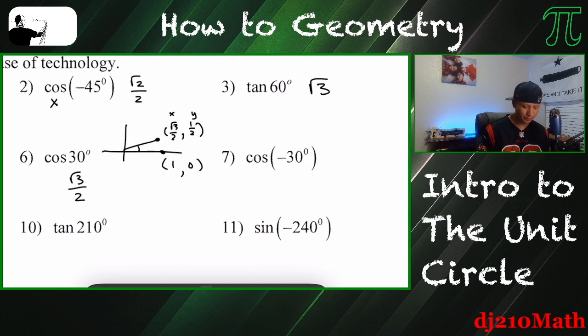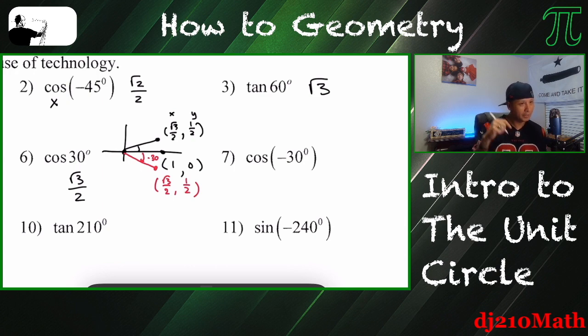Likewise, with cosine of negative 30, for the same reason, I'll use the same picture. We'll switch the color. So negative 30 goes down. Right, negative 30 goes down. And again, this has an x comma y. It's going to be just like the positive version in quadrant 1. So root 3 over 2, 1/2.